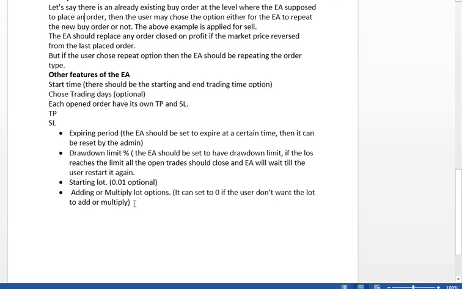The user should be able to switch over to either multiply or add. But here the user has the option to say, no, I don't want it to multiply lot size, meaning the EA continues to use the same lot size.